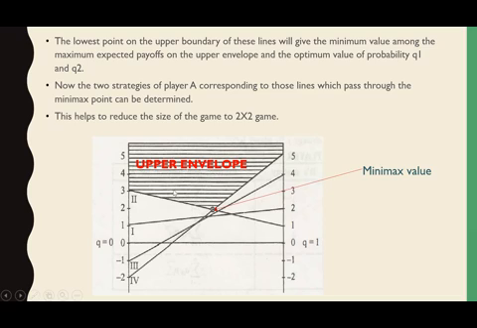So those two lines which were involved in the minimax point will be the two optimal strategies for player A. This helps to reduce the size of the game to a 2 cross 2 game.